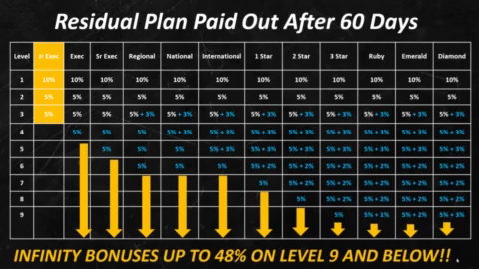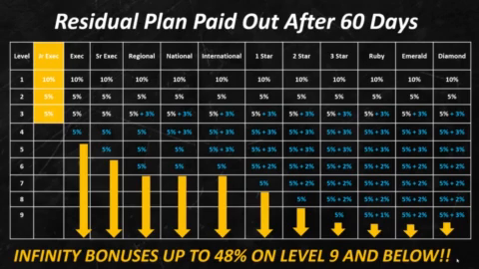All right, then we've got another 3% kicking in at national, an additional 3% when you reach international. Again, all these blue numbers are infinity bonuses. An additional 2% when you reach 1-star, and another 2% when you reach 2-star, and another 2% and 5% now when you reach 3-star.